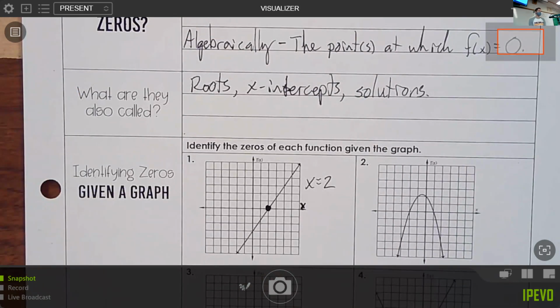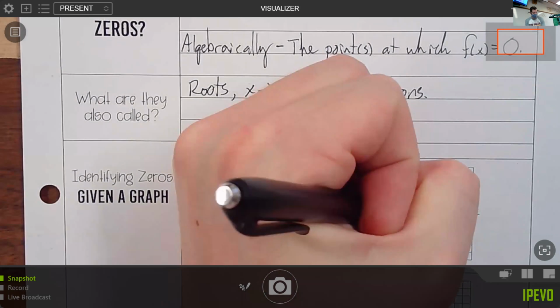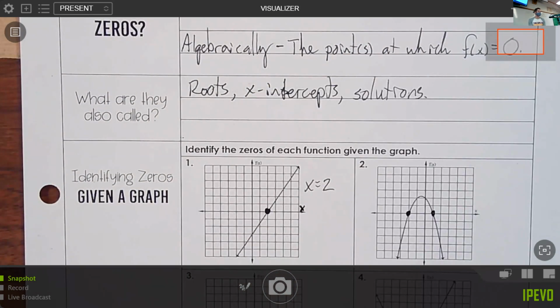It really is that simple. If you know where the x-coordinate is, where the line crosses the x-axis, you can point to it and say it's that one. Or in the case of number 2, you can say it's that one and that one, because on number 2, this line crosses the x-axis in 2 places, here and here. So what's this x value here?